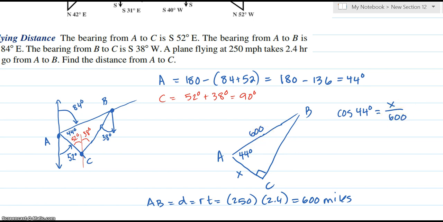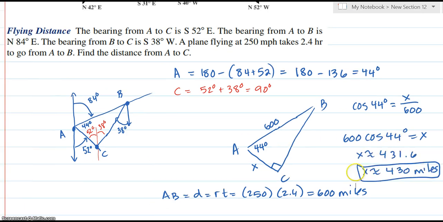By the way, you could have also used secant and flipped it. But if I multiply both sides by 600, I'm going to get the answer. So plugging this into your calculator, making sure you're in degrees, you get about 431.6. But since they only use two significant digits, I'm just going to say about 430 miles and round to the nearest 10. Hope this helps.